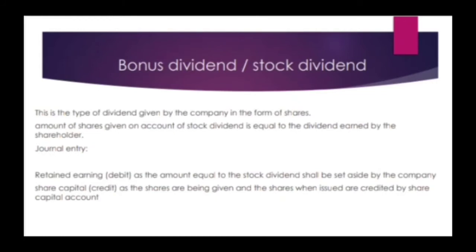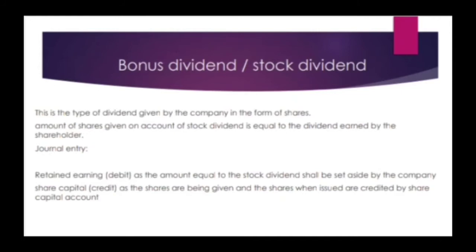So let us take a look at this. This type of dividend is given by the company in the form of shares. The amount of shares given on account of stock dividend is equal to the dividend earned by the shareholder. So the journal entry will be retained earning debit, as the amount equal to the stock dividend shall be set aside by the company for a specific purpose.